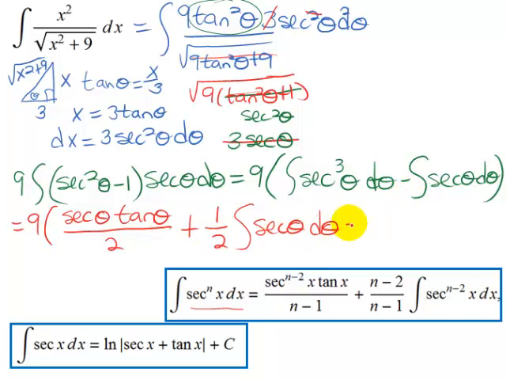And then we still had this minus the integral of secant theta d theta. So this formula helped us to get this down to something that involved a secant theta. We could actually combine these two terms and leave us a minus 1/2 integral of secant theta d theta.